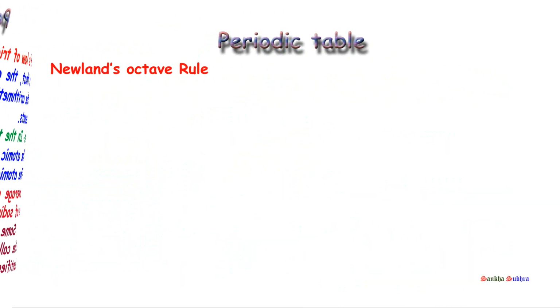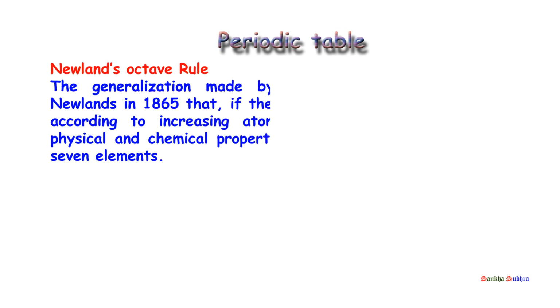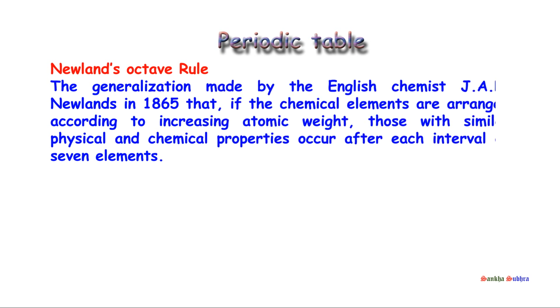The next rule to synchronize the periodic table was coined by the scientist Newlands, and the rule is known as Newlands' Octave Rule. In his time, 62 elements were known, and he arranged them in increasing order of atomic weight.